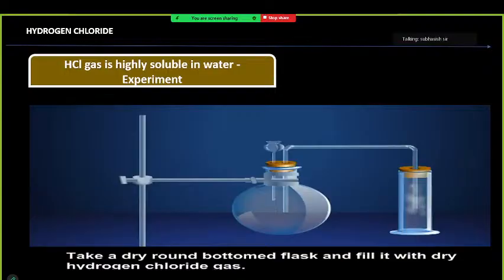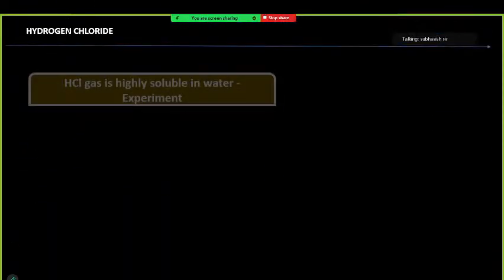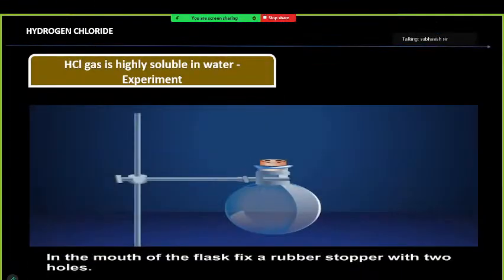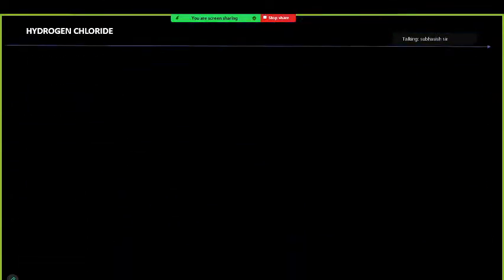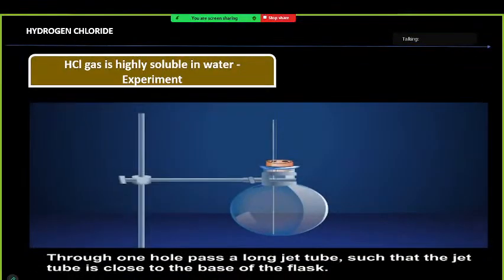After filling it with hydrogen chloride gas, a rubber stopper is fixed at the mouth of the flask. This is a rubber stopper with two holes, one stopper having two holes.